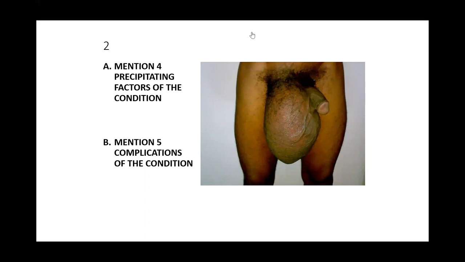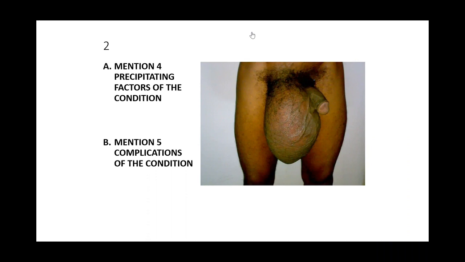Now, what are the complications of the condition? Hernias, one, they could be irreducible. It's a complication, okay? Irreducible hernias are complicated hernias. It could be obstructed when there is impediment of the flow of the contents of the sac. There's obstruction. It's a complication.